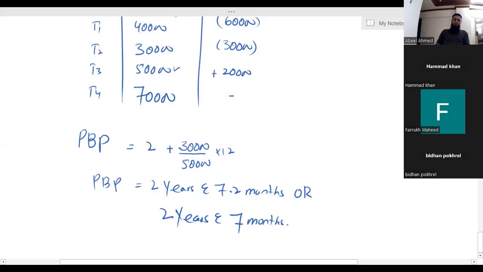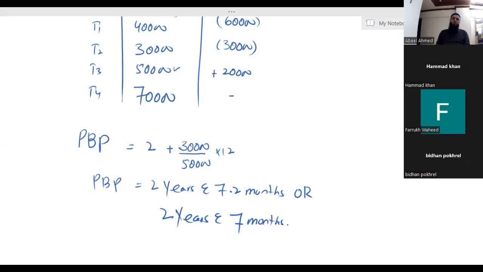Now listen carefully. You can simply follow the mathematical rounding off. 7.2 means you can make it 7. Otherwise, if you want to be more logical, then logically, payback period is 2 years and 8 months. Why?